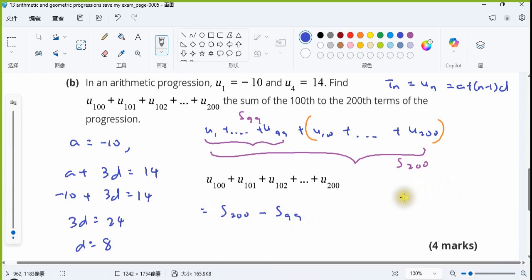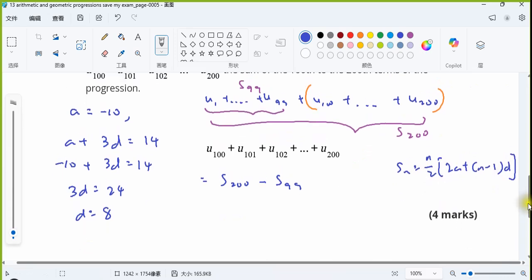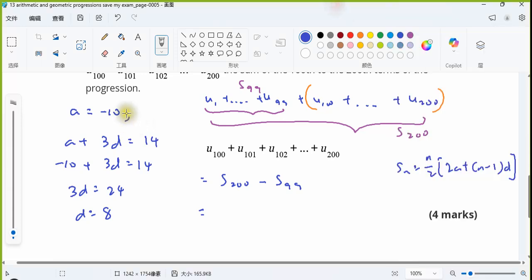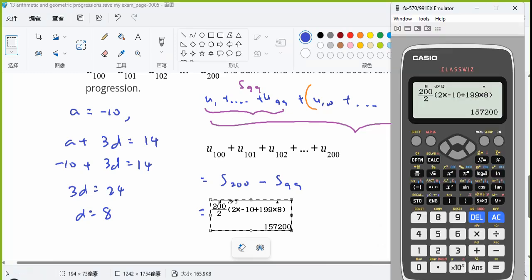The Sn for AP is n over 2 times (2a plus (n minus 1)d). So a is negative 10, d is 8. So S200 will be 200 over 2, and then 2 times negative 10 plus 199 times 8. This is the sum of the first 200 terms.